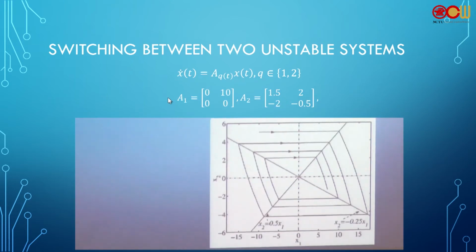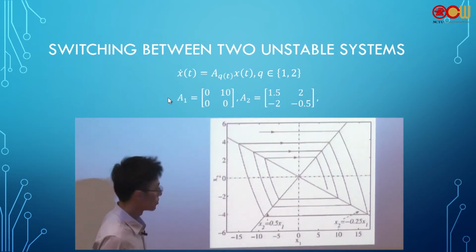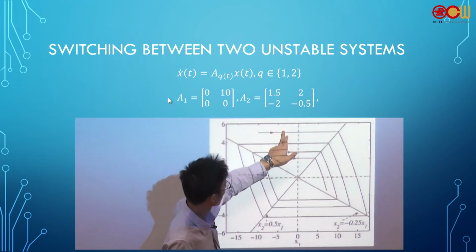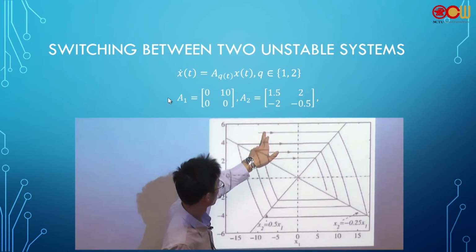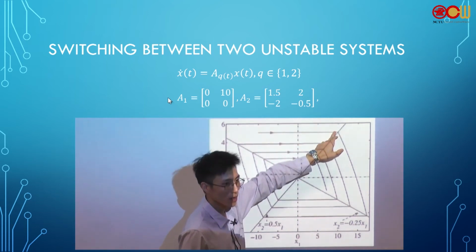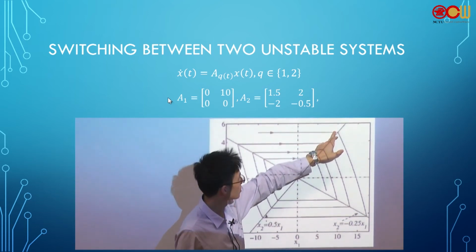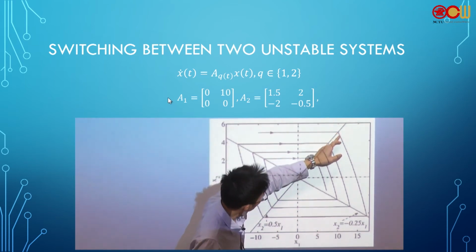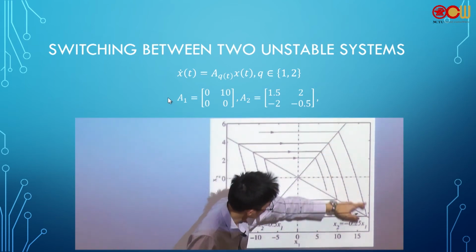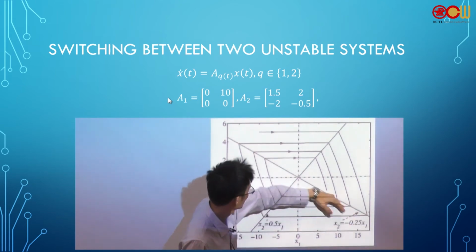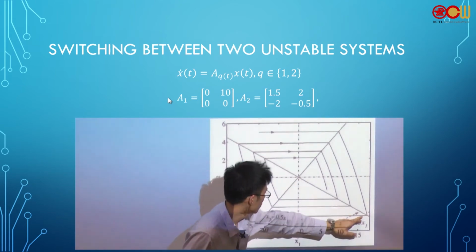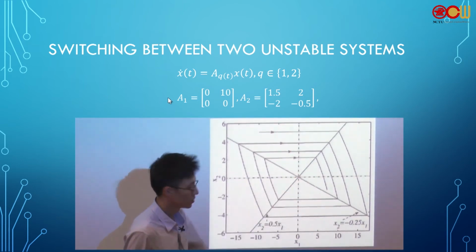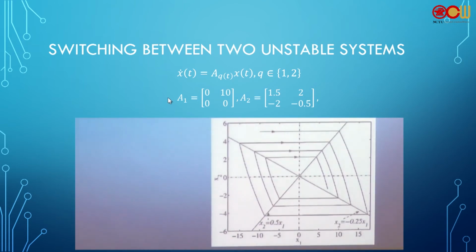If you properly design this switching condition, which is this line, initially at system 1 the solution is pushed to here. When you hit the switching condition, it switches to the second system A2, and the trajectory becomes this. That hits another switching condition and it switches from 2 to 1. Eventually, that guarantees the solution will converge to the origin.